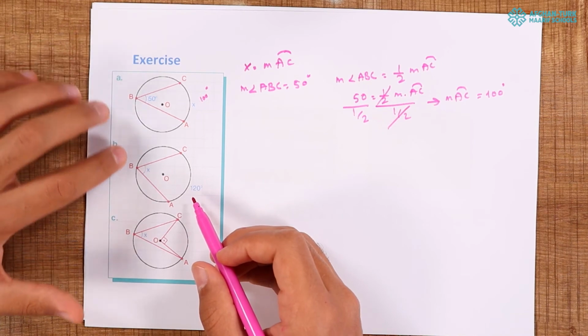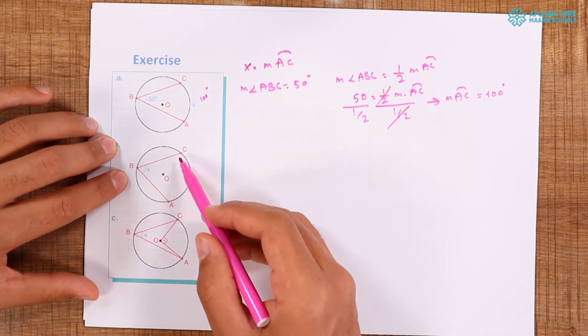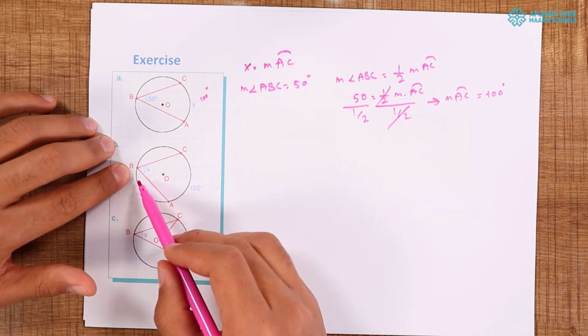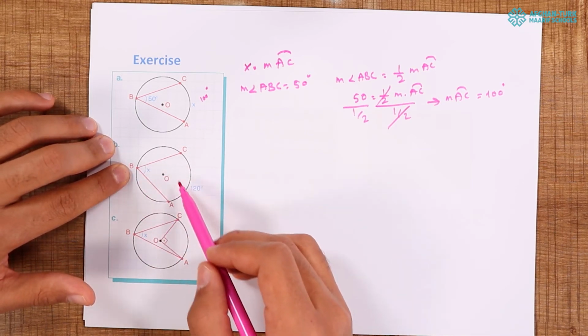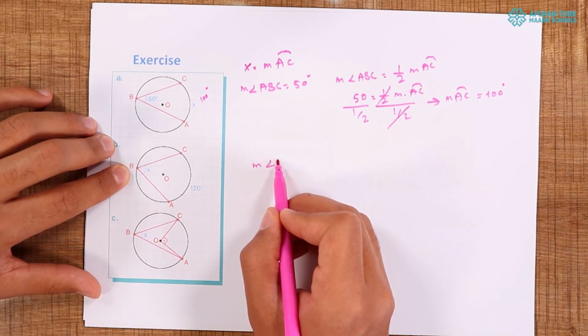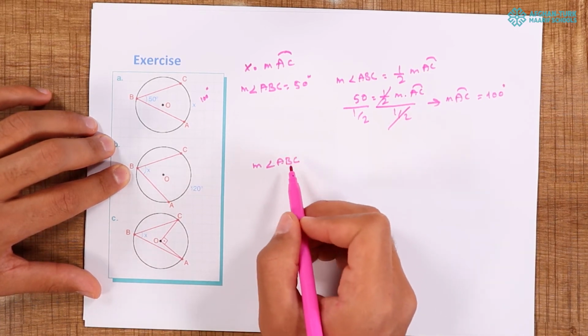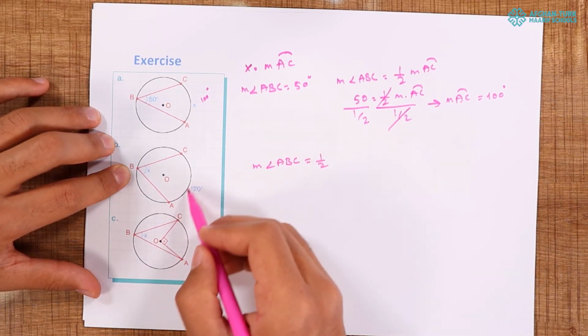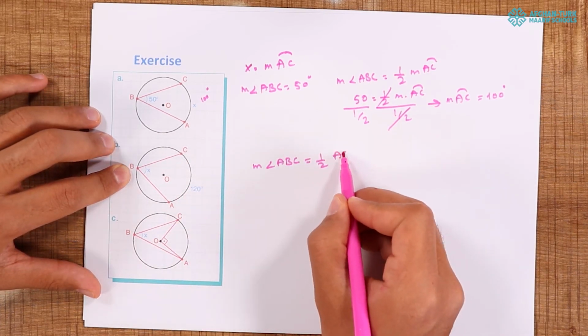The second question is like the first question. If you are going to find the inscribed angle, the measure of angle ABC is equal to half of the measure of the intercepted arc. What is the intercepted arc? AC.